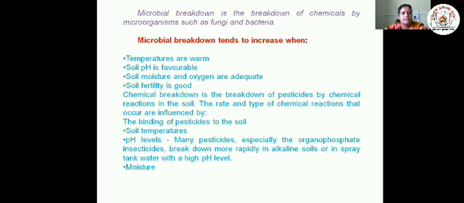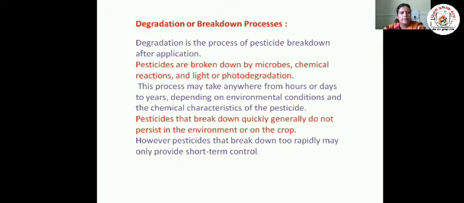The rate and the type of chemical breakdown reaction that occurs is influenced by binding of pesticides to the soil, soil temperature, pH level, and soil moisture level. This is microbial breakdown and chemical breakdown. This is degradation.